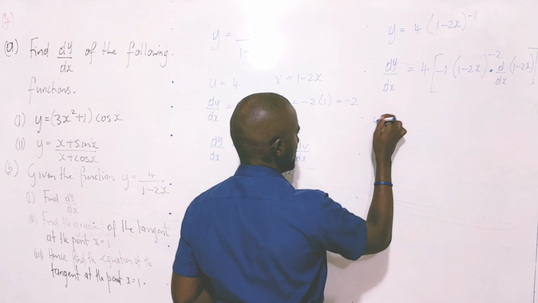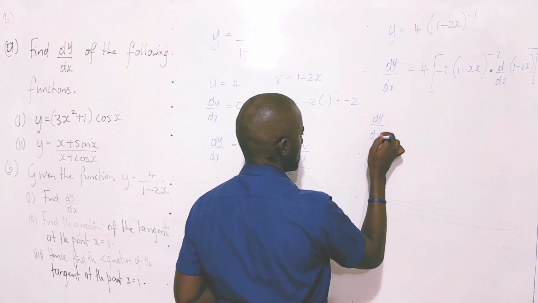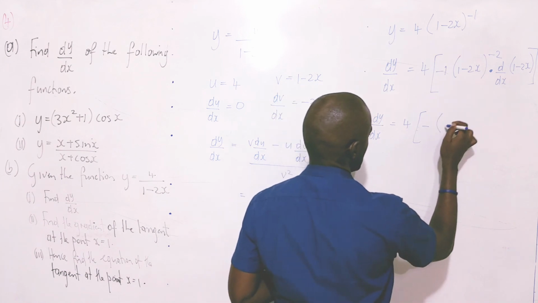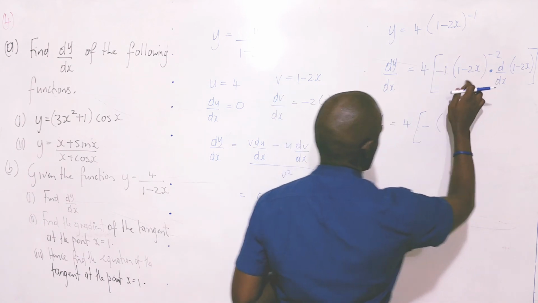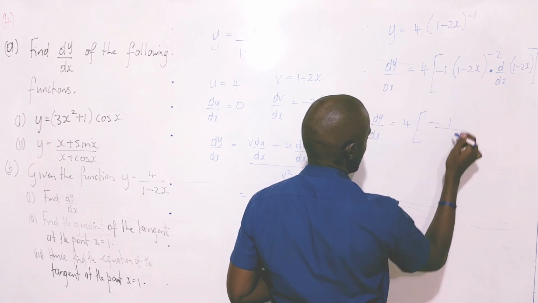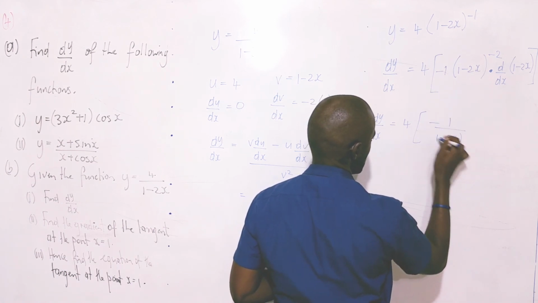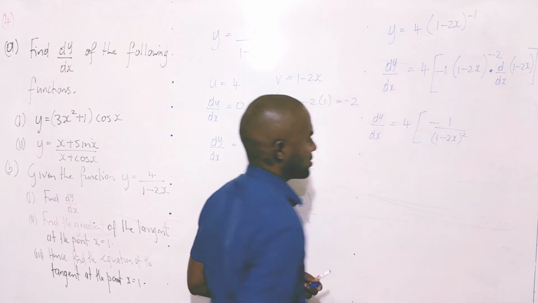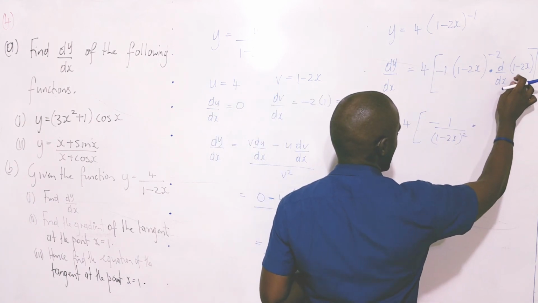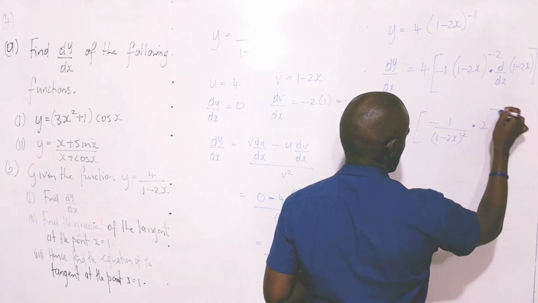So this basically means that dy by dx is equal to 4 times, well, minus 1 over 1 minus 2x squared, which is basically what that is. And then now we have to multiply by the derivative of that, which is minus 2. So times minus 2.